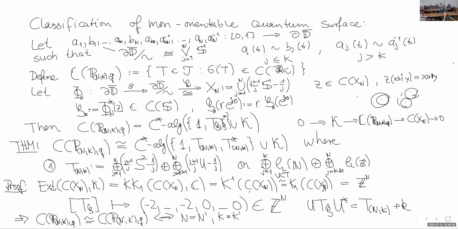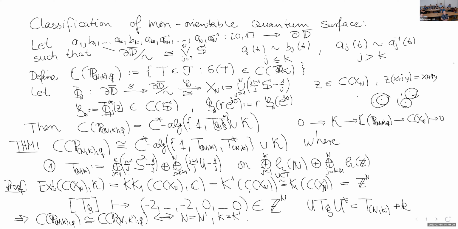Since I have the compacts inside, I can subtract this compact. Yeah, because you know that this T hat is a generator. Okay, that's what I want. Now I understand why you claim that these are isomorphic C star algebras.